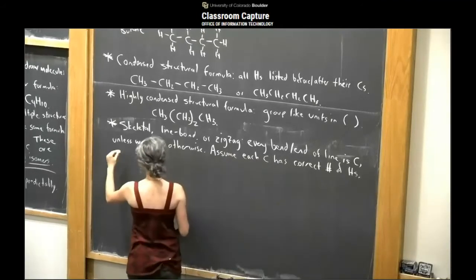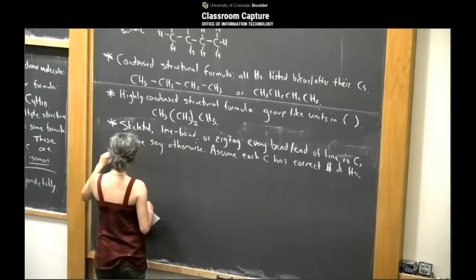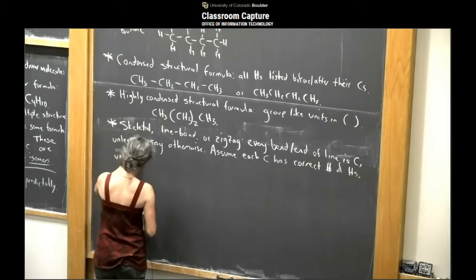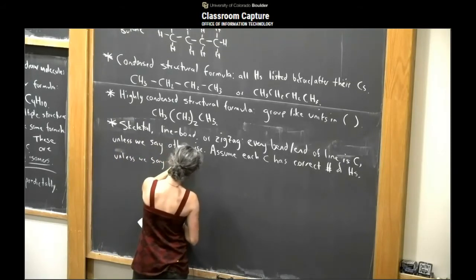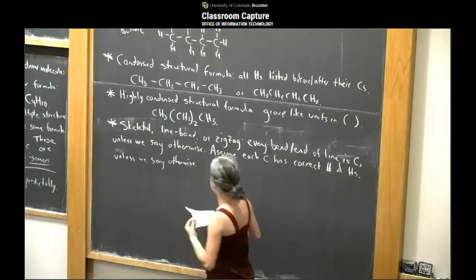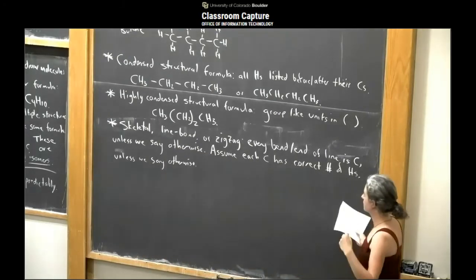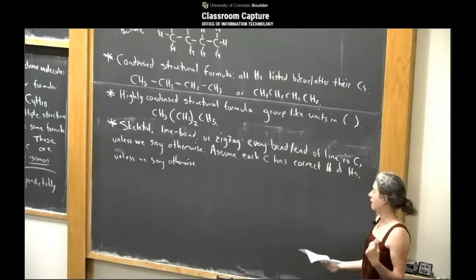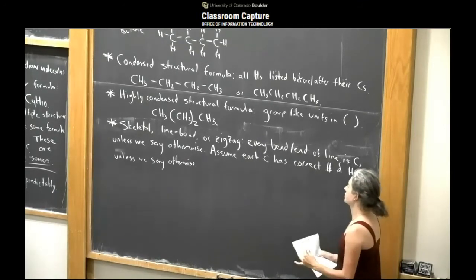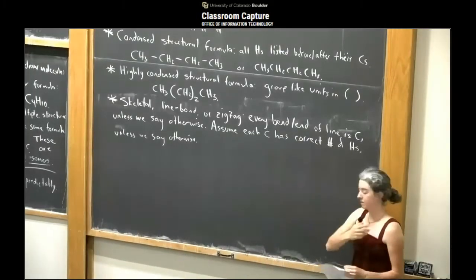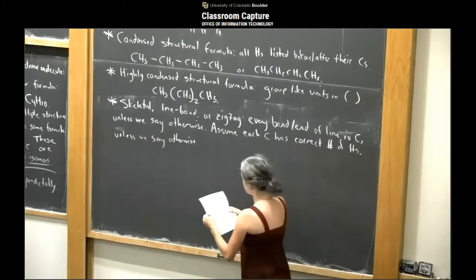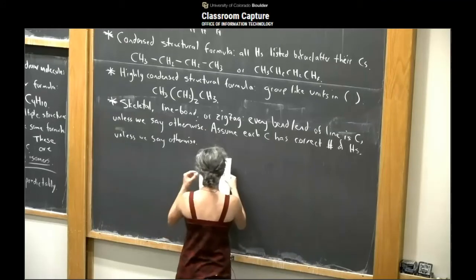Again, unless we say otherwise. All right, so carbon's implied by line segments. H's are just implied by not showing anything, really. Any atom other than carbon and H, we have to write explicitly, and we have to show hydrogens on it explicitly.